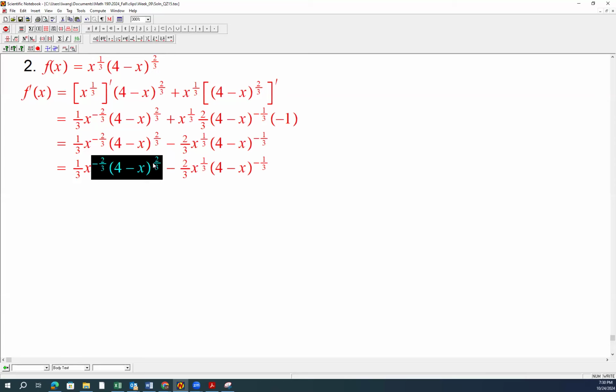You can write 2/3 as 1 minus 1/3, isn't it? 1 minus 1/3 is 2/3, right? So this way, nothing else is changed.